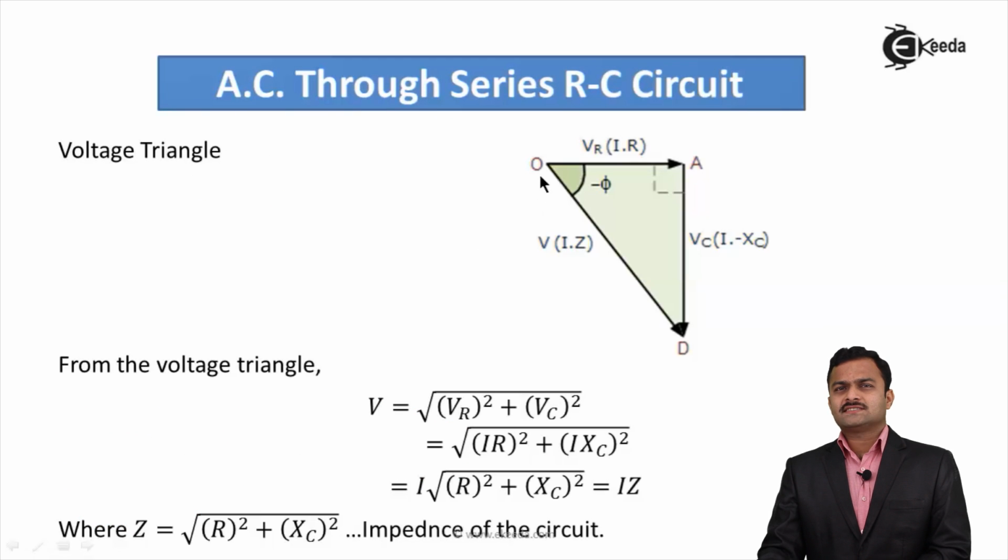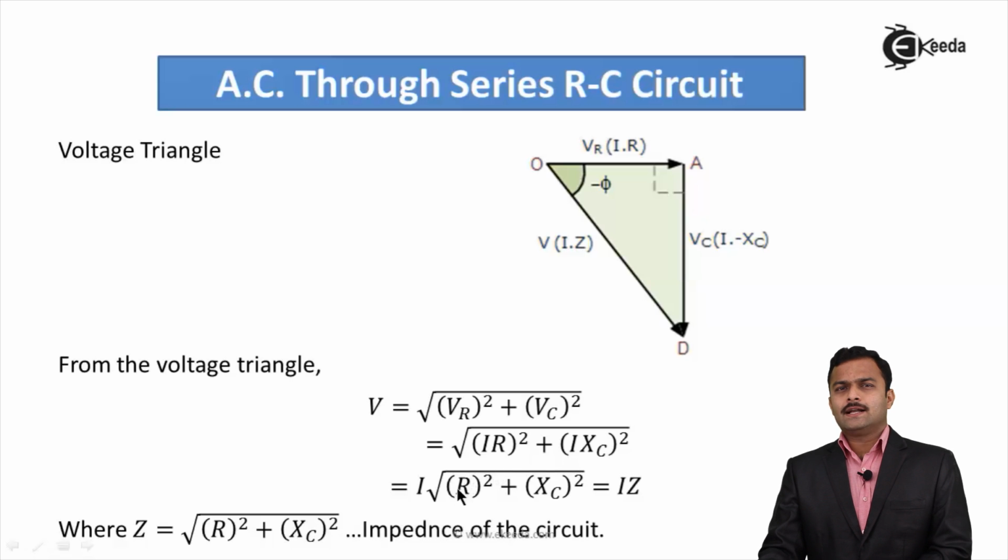Now from the voltage triangle, what conclusion can I draw? From the voltage triangle, V is nothing but the root of VR square plus Vc square. Being a right angle triangle, I am applying Pythagoras theorem to get the magnitude of the diagonal. VR we know is I into R, Vc is I into Xc.